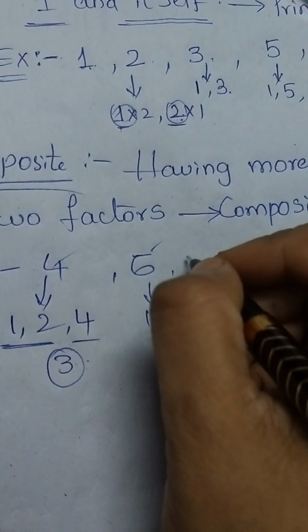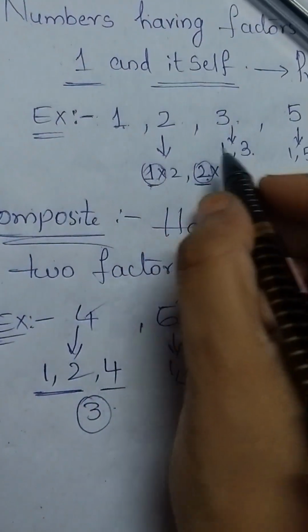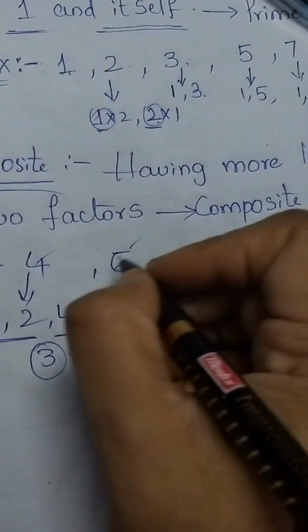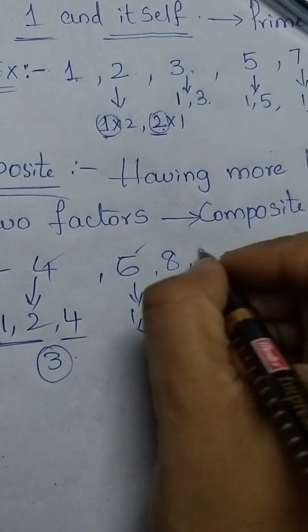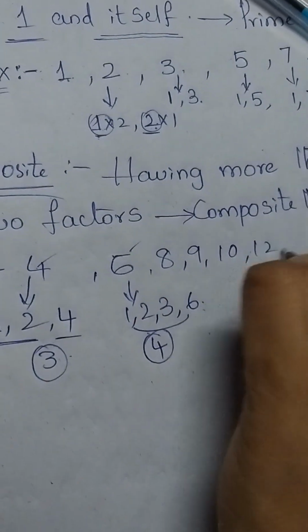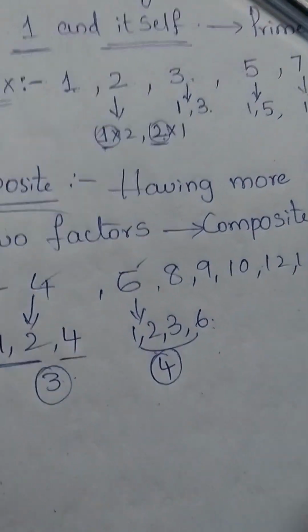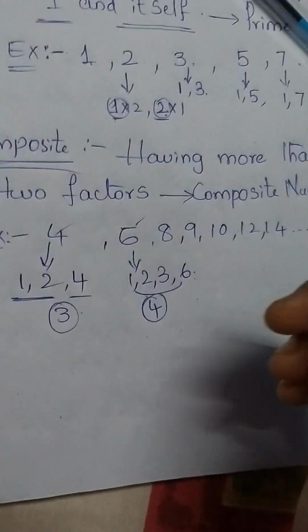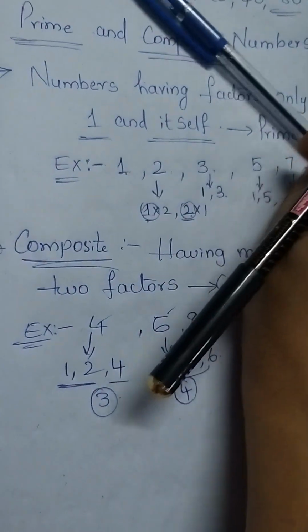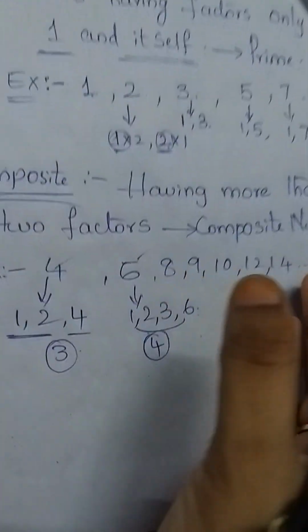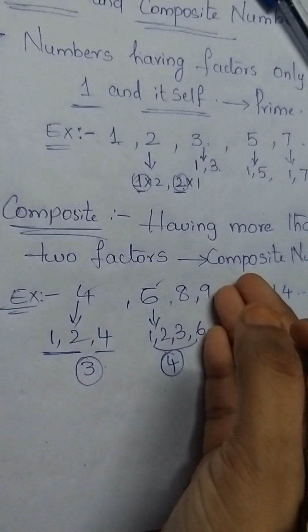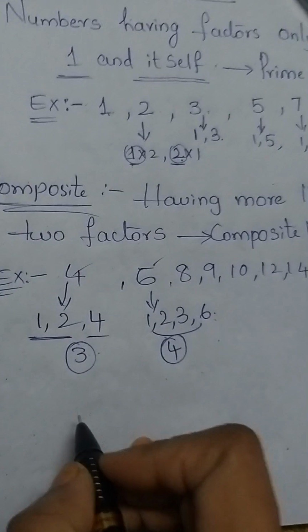Other than prime numbers, we can say 4, 6, 8, 9, 10, 12, 14 and so on are composite numbers. So a number with only 1 and itself as factors is called prime, and a number having more than 2 factors is called a composite number.